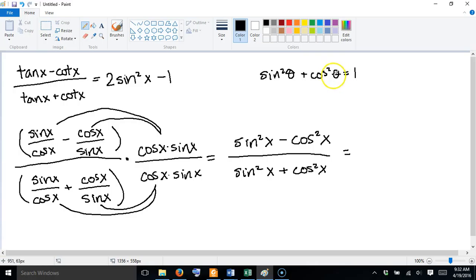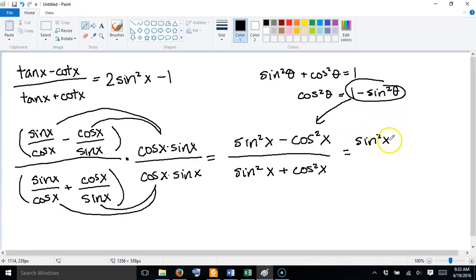That's our Pythagorean identity that we're using. If we rearrange it and solve for cosine squared, we'd plug this portion into cosine squared x.